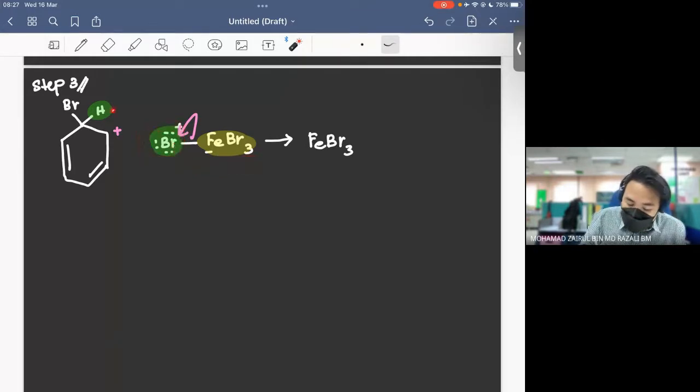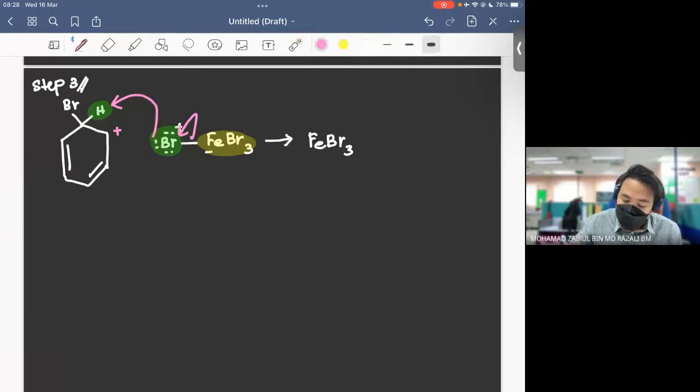Okay, dan kita nak buang hidrogen ni kan. Awak tengok dia dah bebas dan dia ada banyak lone pair. So maknanya dia boleh donate one of its lone pair to the hydrogen. So sebelum hidrogen ni boleh form single bond dengan bromine, dia kena break away dulu daripada benzene.